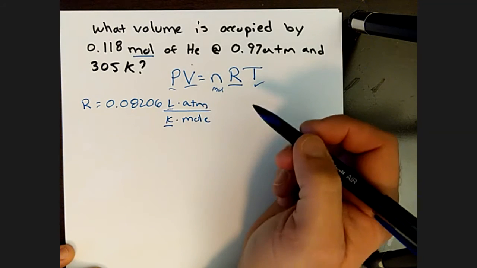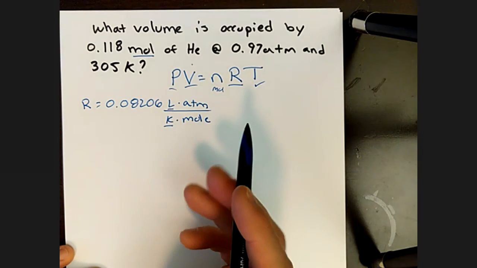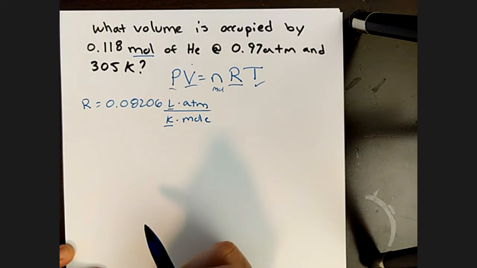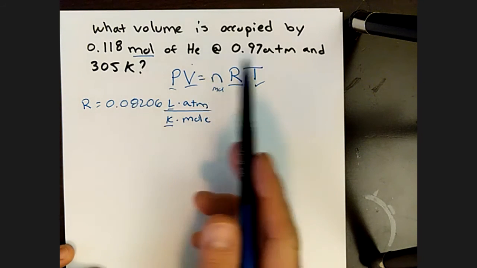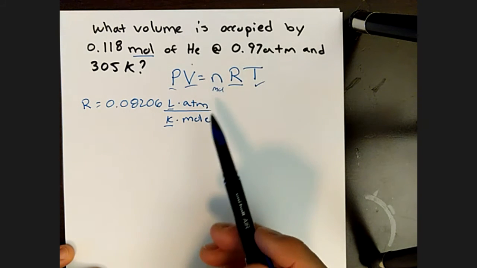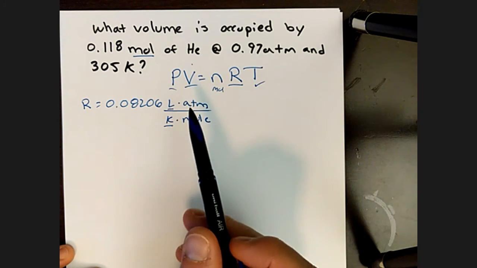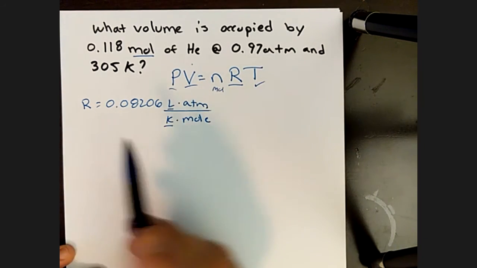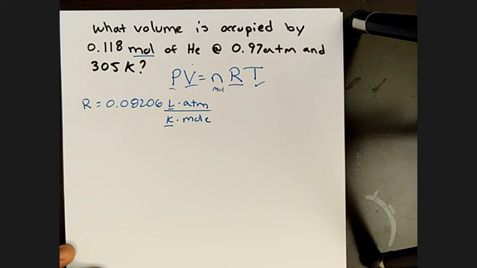This is how the problem can get complicated, when they give you a hodgepodge of units to start with, like degrees Celsius and Pascal and millimeters or microliters. When they change up all these units, you have a little bit of converting to do before you can plug everything into PV equals nRT.